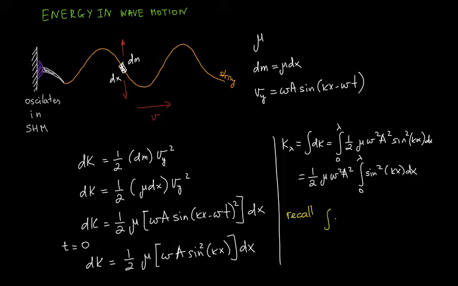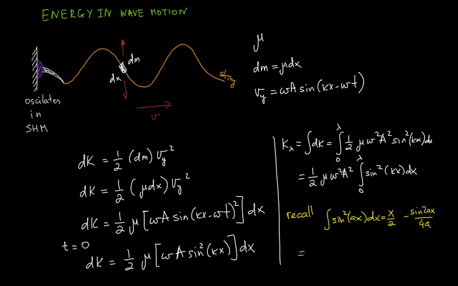The integral of sine squared ax dx equals x over 2 minus sine 2ax over 4a. If you want, you can evaluate this, try your best, but we're not focusing on that now. So I'm going to use this integral to evaluate my expression.